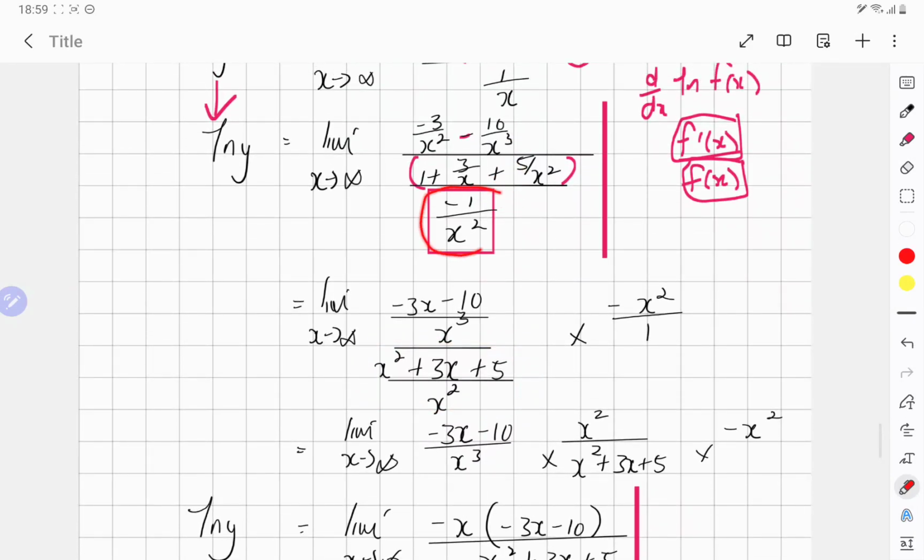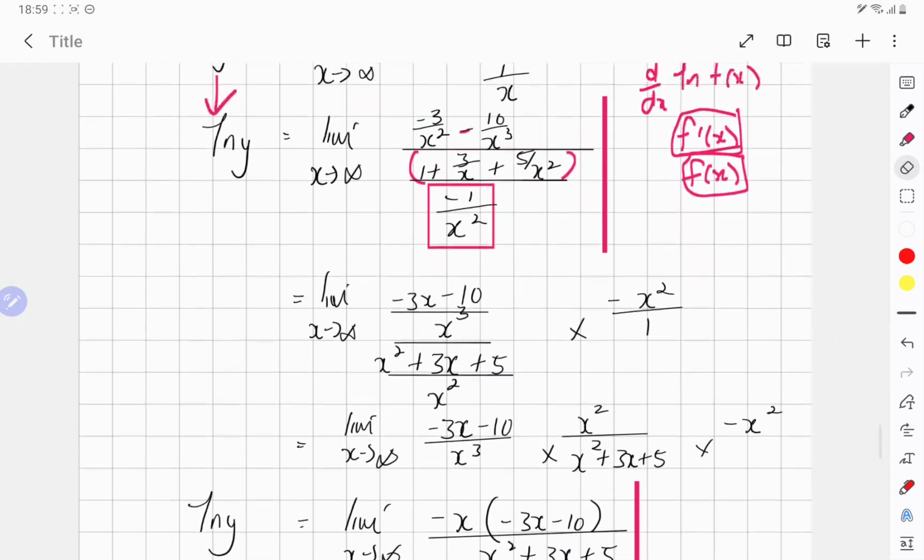So that is my denominator simplified. But I'm dividing by negative 1 over x squared. So I will tip and times. Remember, for you who are not familiar with the term tip and times, if you have to do 2 divided by a over b, it is 2 over 1 times b over a. So you tip the bottom fraction and you times it.